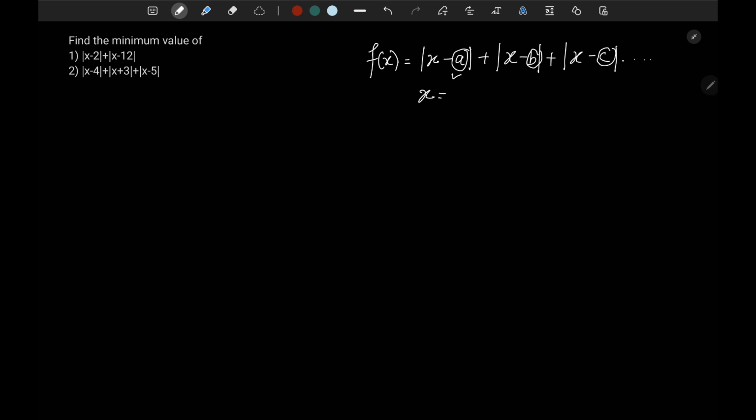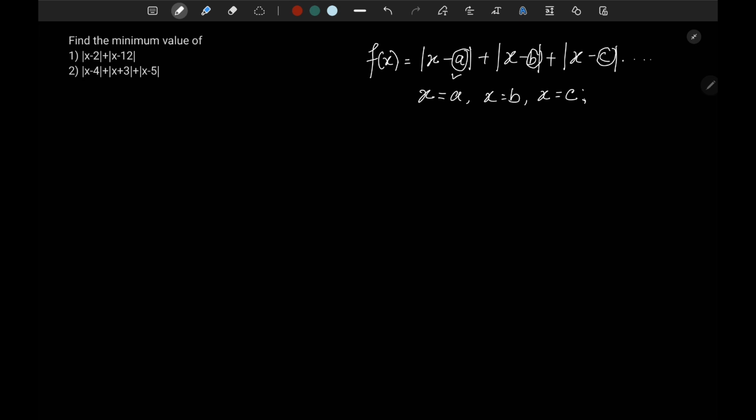That means x equal to a, x equal to b, x equal to c, where the type of the function changes within these intervals.